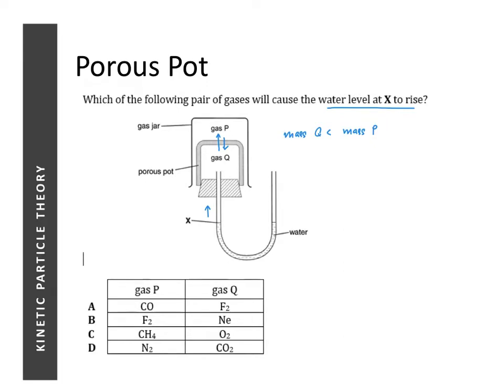The mass of carbon monoxide, 12 plus 16, will be 28. Fluorine is 19, so fluorine gas would be 38. Once again, neon is 20.